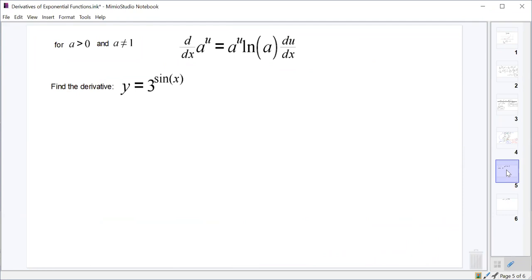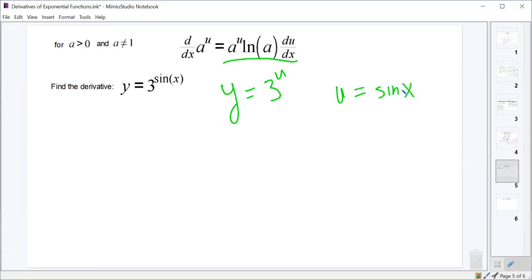We could do this. So if we want to find the derivative of 3 to the sine x, that's 3 to the u. We can just apply the chain rule, which is the extension of that. So we've got y equals 3 to the u with u equal to sine x.